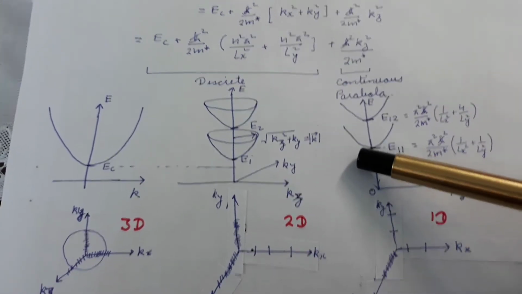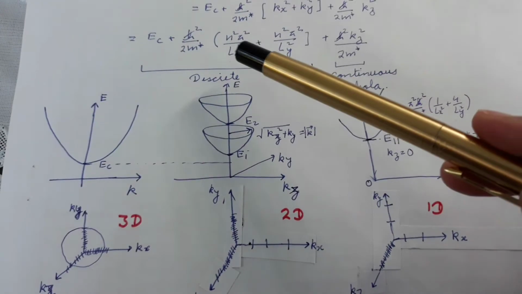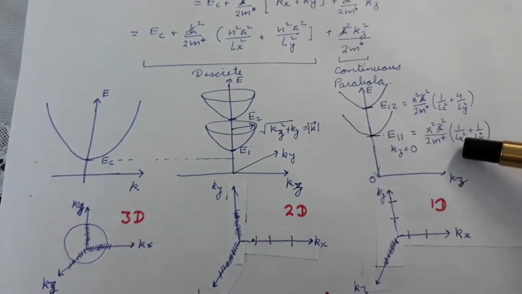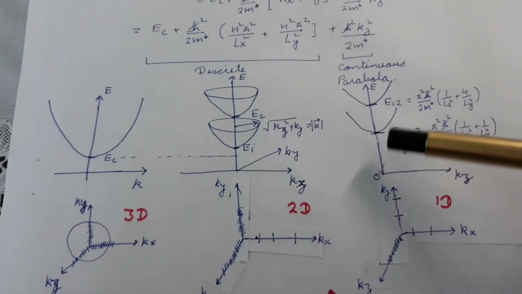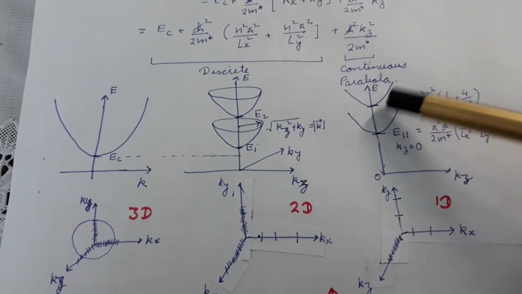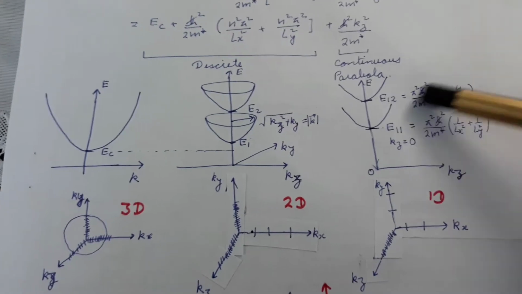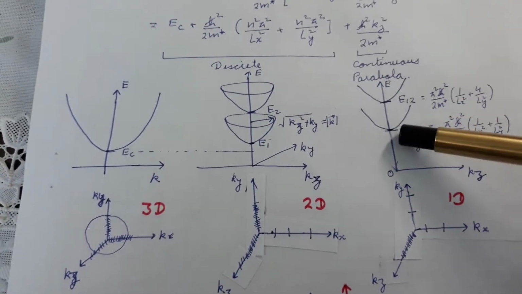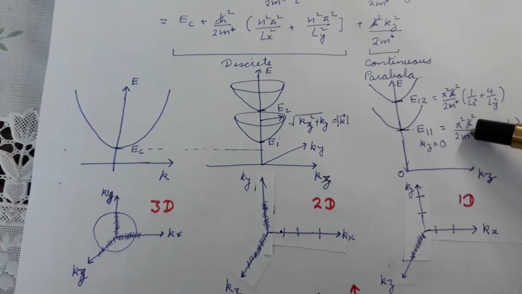So the first minima will be E11, so you can put the value of nx and ny as 1, 1 and find the value of energy, where we have neglected Ec, which is okay. And for the second subband it will be first can be 1 and 2, and they can be reciprocated also. Nx can be 2 and ny can be 1, because they both will have the same energy, and so on. So you'll get all these subbands. Here, just for clarity, I have just shown two subbands, but it will be n number of subbands.